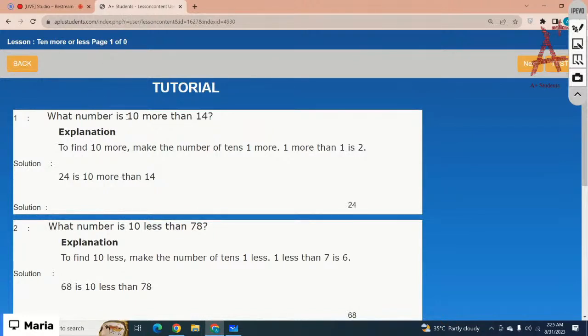Okay, which number is 10 more than 14, right? More means you have to add, right? 10 more than 14 means you have to add 10 to 14.